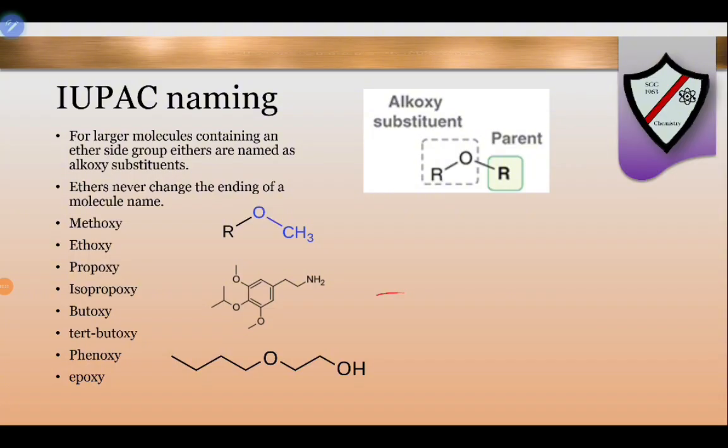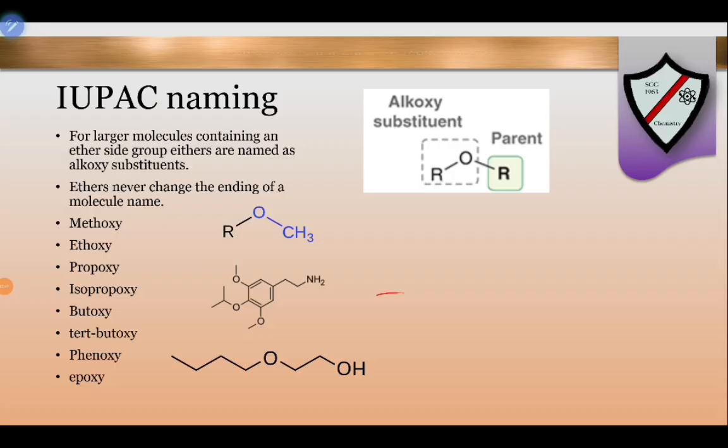When you encounter an ether in a larger molecule, it's always going to be considered a side group. It's never going to be part of the parent chain, and there is no ending that we apply to a molecule to designate it an ether. So it's just always a side group, and it's named based on how many carbons that side group contains, as it pertains to regular IUPAC naming.